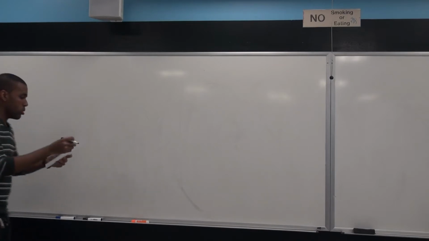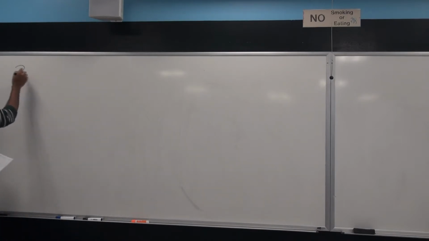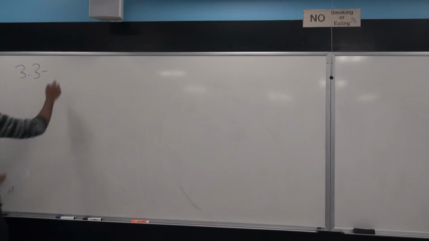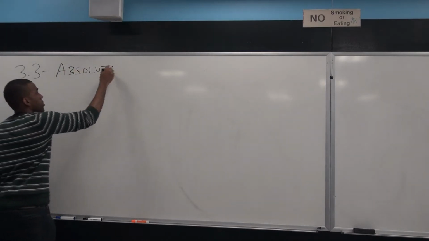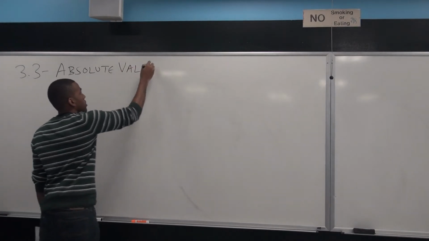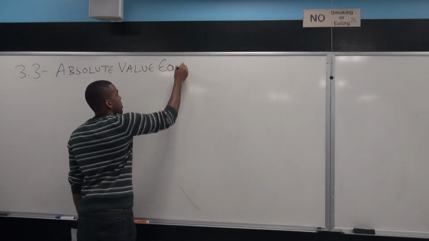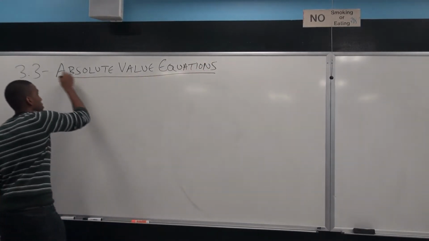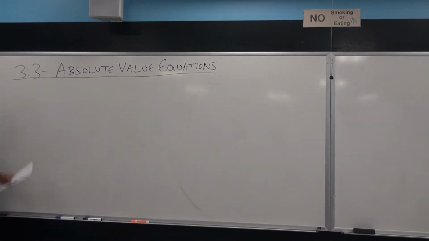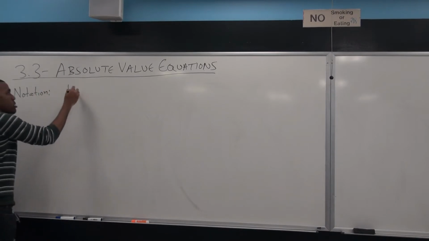Okay. So in your textbook, we're going to begin with section 3.3, absolute value equations. Let me start with notation, so you know what this looks like. It's straight bars, right?